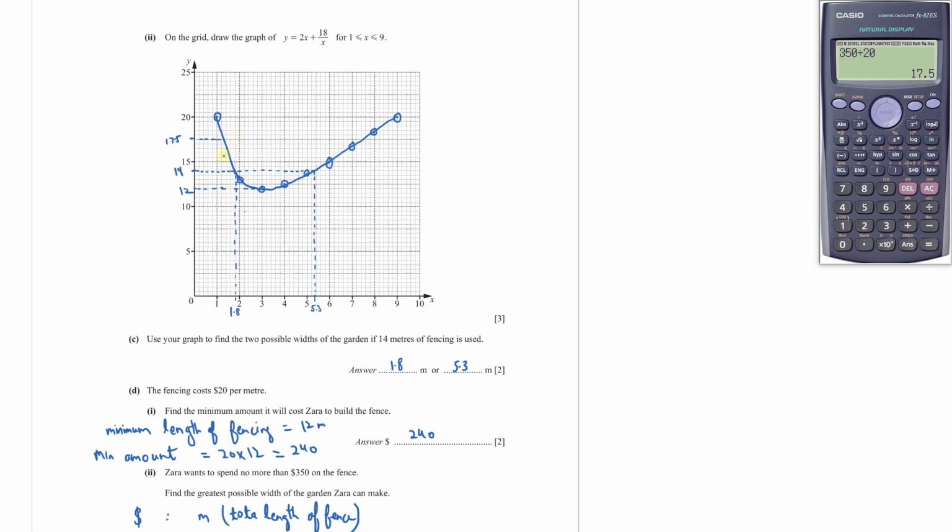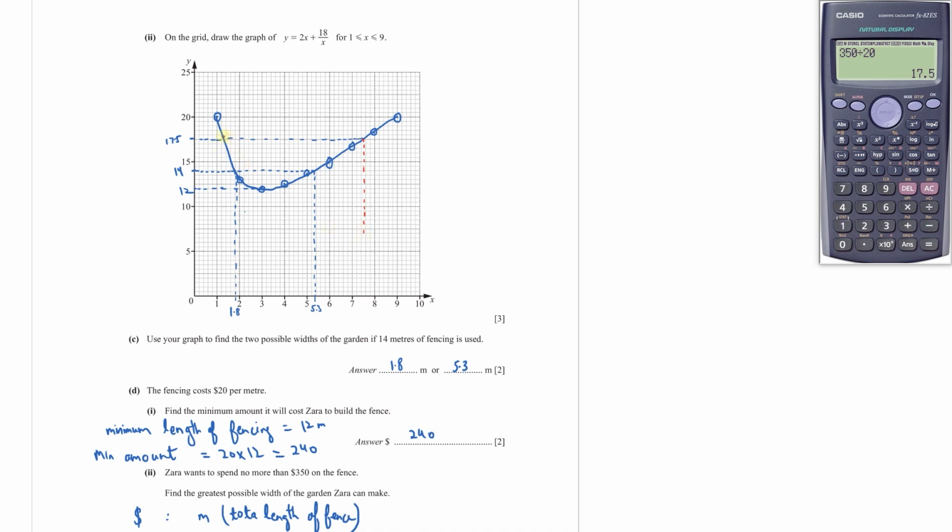One is this one, but this is smaller compared to the other value, which is this one. So let me just change the color. So this is the greatest value of the width of the fence.